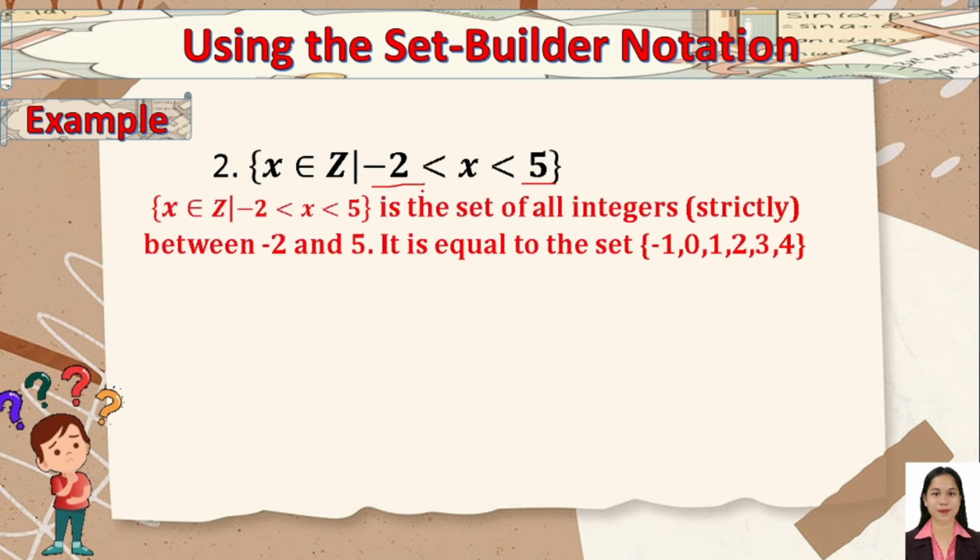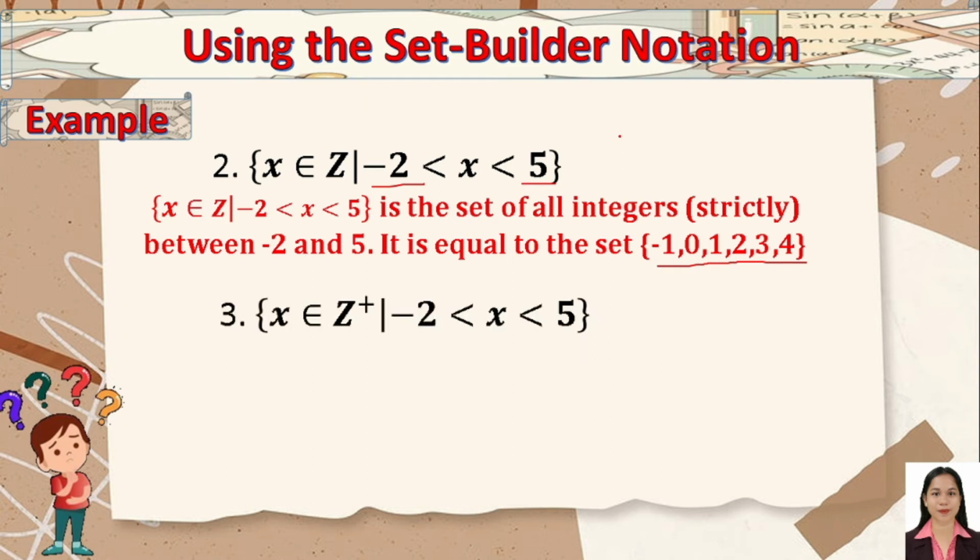Ano yung mga value that will satisfy the given property that X is greater than -2 but less than 5. So we have here -1, 0, 1, 2, 3, 4. Okay? So you just get the numbers that are in between -2 and +5 na integer. So pag sinabing integer, whole number lang.